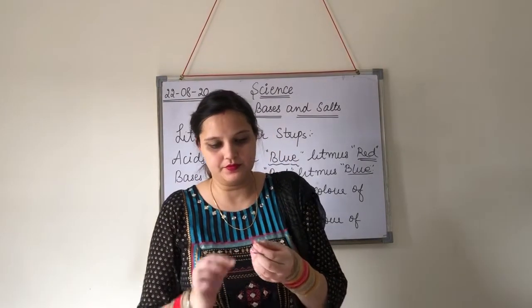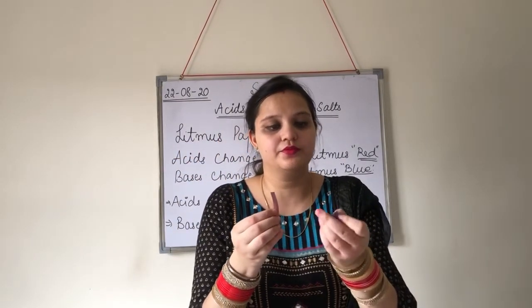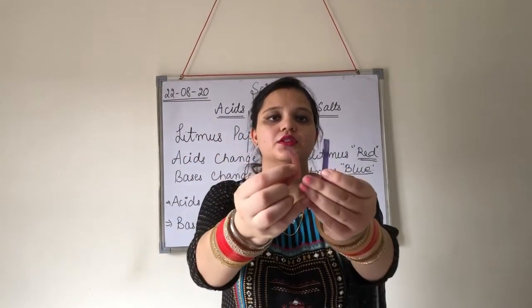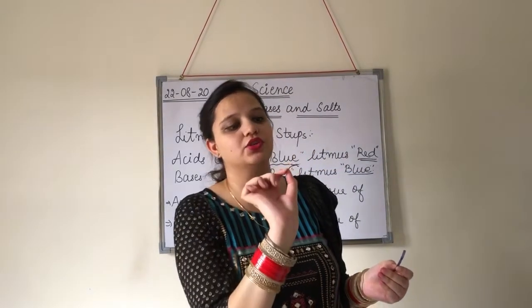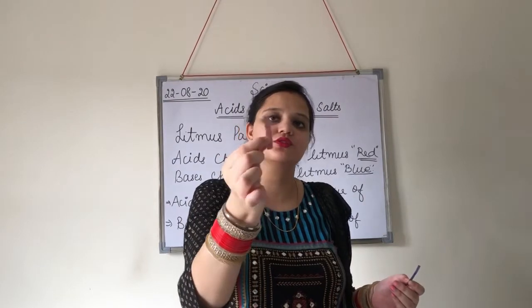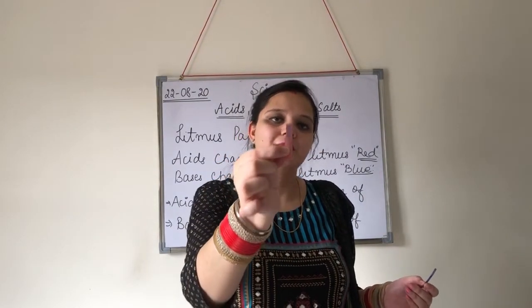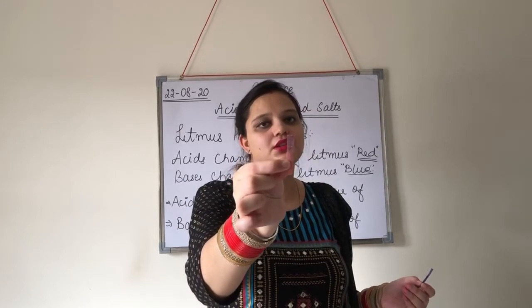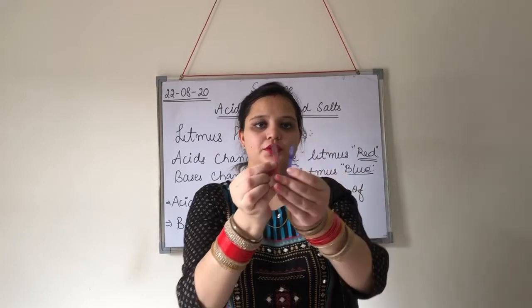So you can see the color change. The blue litmus is unchanged while the red litmus has changed its color, though the color change is not very clear. That means this is not a very strong base, but a tinge of blue color is there, so that means this is basic in nature.